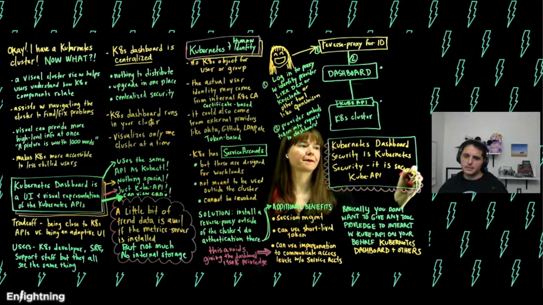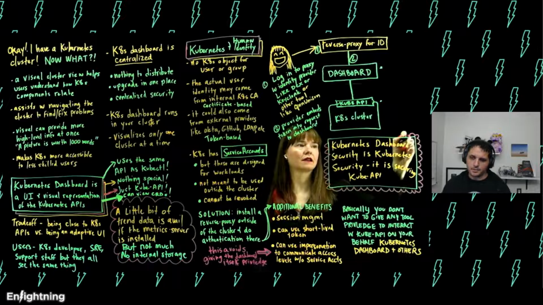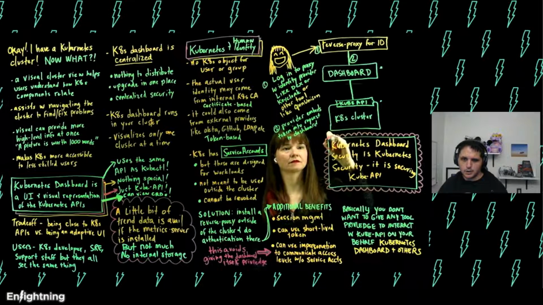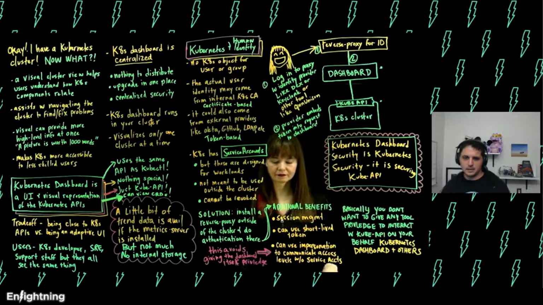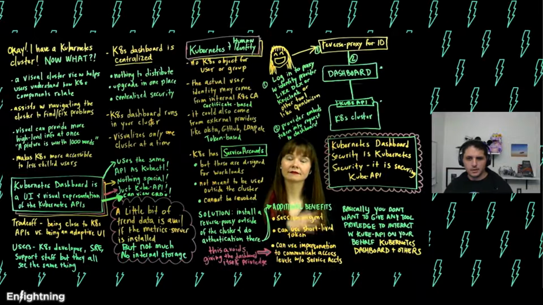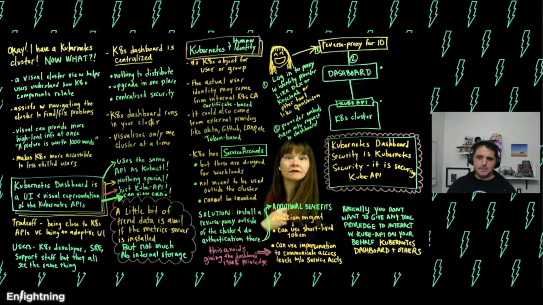When you run Headlamp locally in your environment, it's just using your kube control configuration. So if you're logged in to your cluster using an external OIDC provider like Dex or OpenUnison or whatever, Headlamp is just piggybacking off of it.